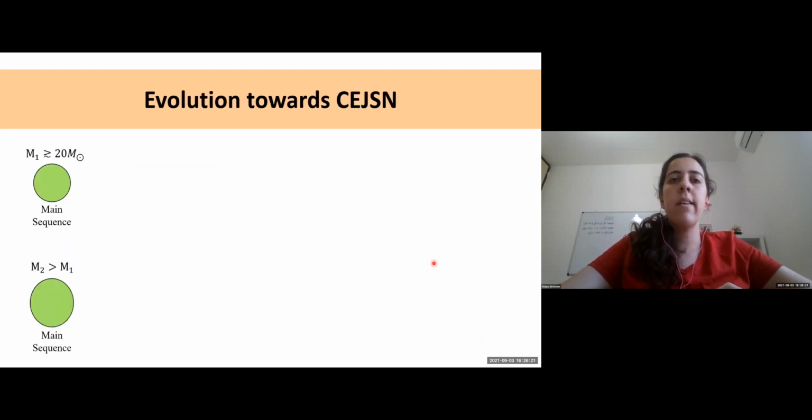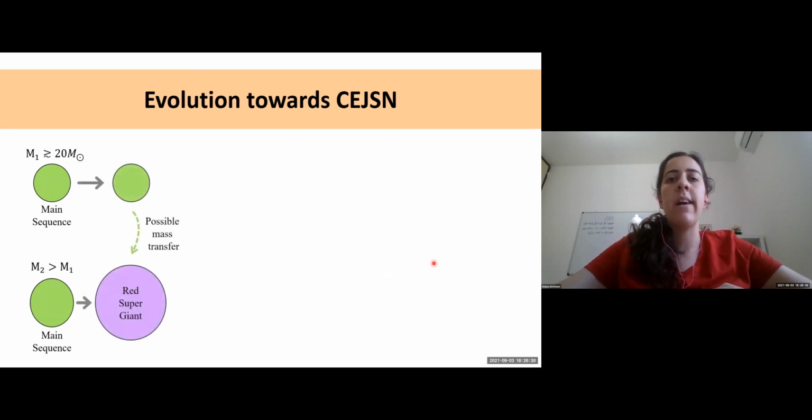These kinds of systems begin with two main sequence stars. They are both massive, and one of them is heavier than the other. The heavier star evolves into a red supergiant, and in this phase there is a possible mass transfer from the main sequence star to the red supergiant, yet the main sequence star is massive enough to maintain synchronization and prevent the onset of a common envelope evolution at this stage.